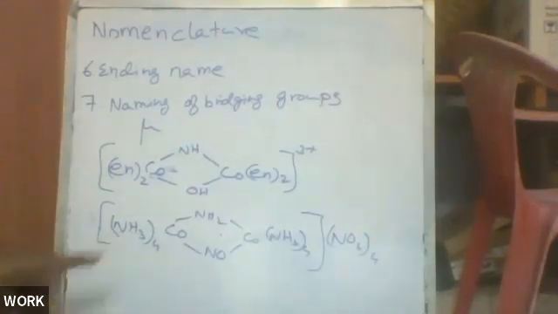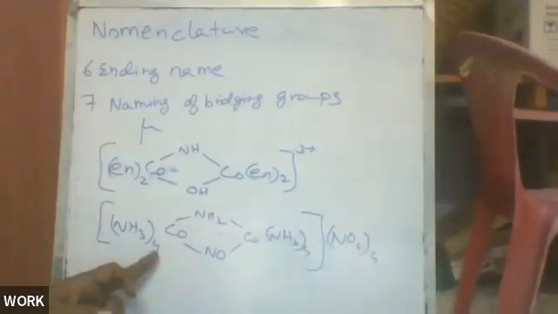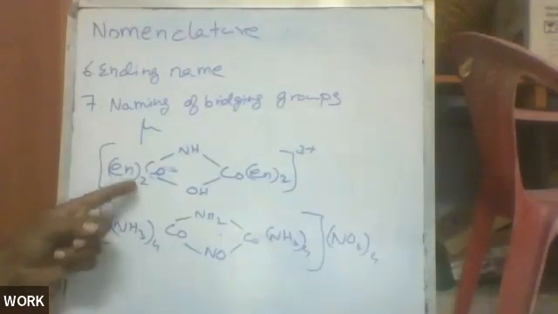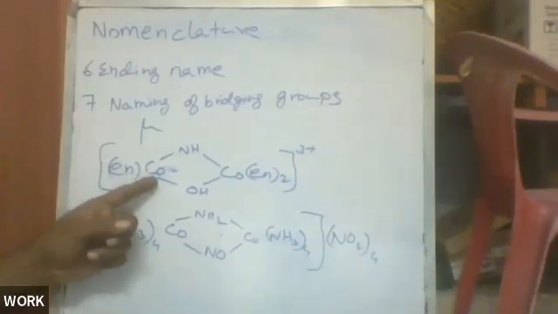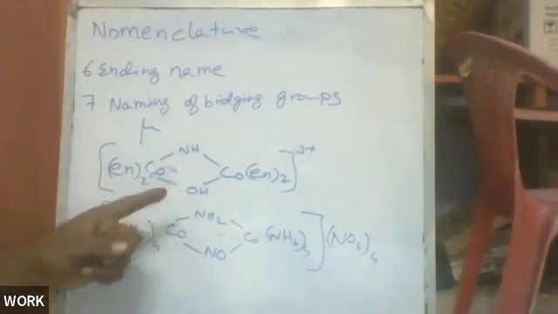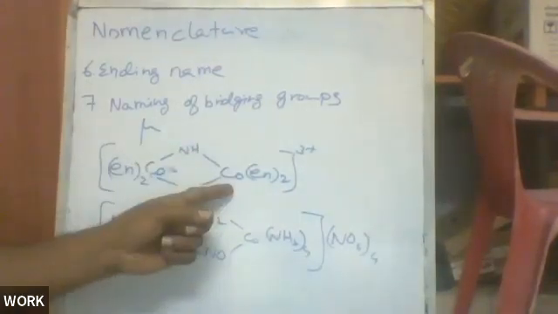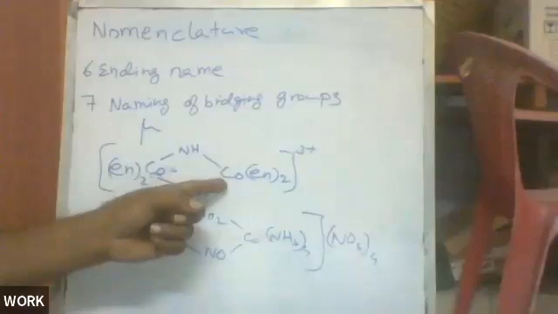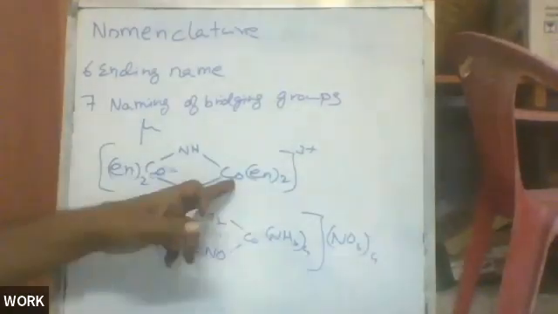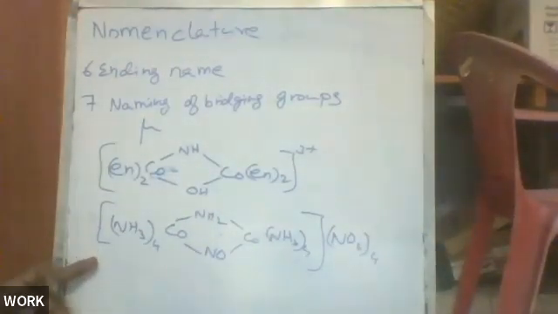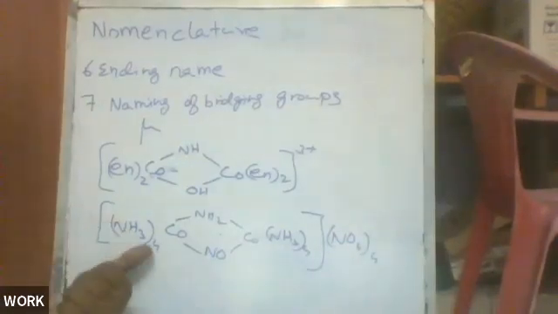Tetraammine. One of you try this. Anyone try? So here I told bis(ethylenediamine)cobalt(III), mu-imido, mu-hydroxo, bis(ethylenediamine)cobalt(III) ion. So this is the name for that. Then you tell me what this is. So what is the number?